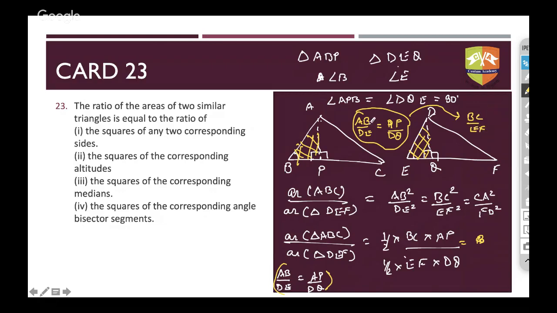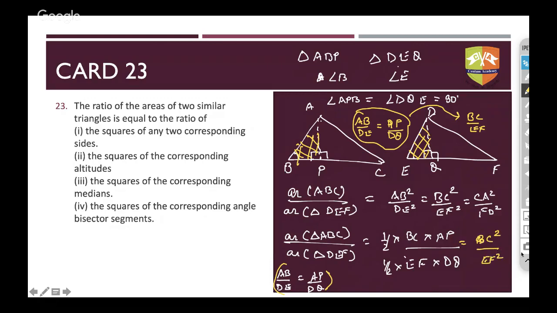So hence AB by DE is equal to AP by DQ, which is equal to BC by EF. Why BC by EF? Because AB by DE was equal to BC by EF, because these two triangles were similar. So hence from here you can say this is BC square by EF square.